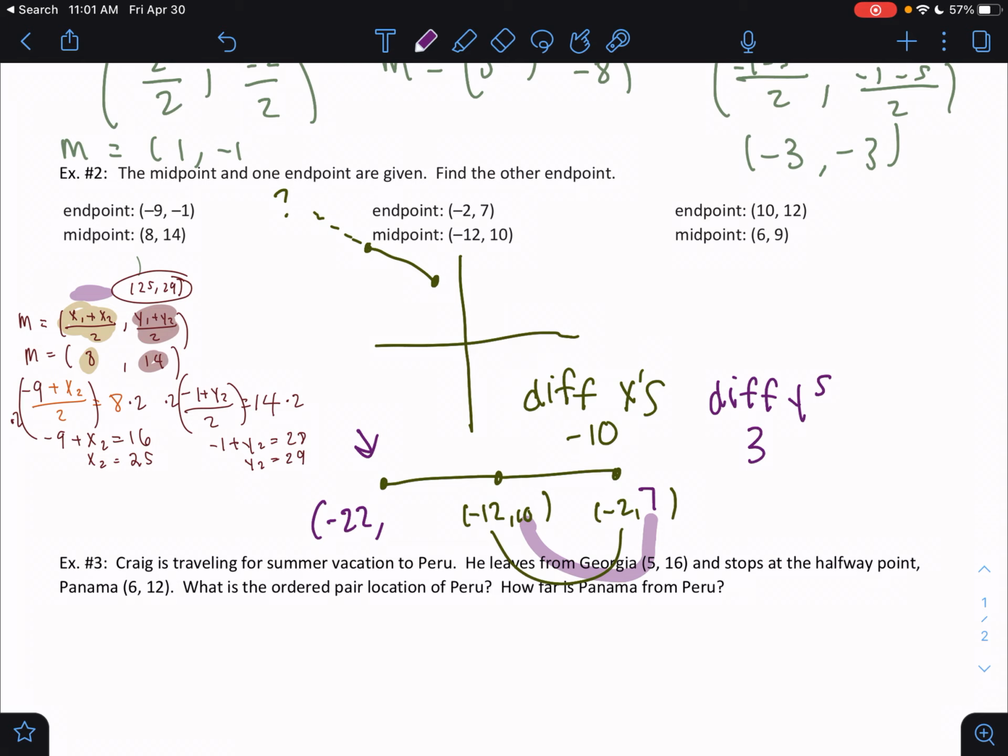Now what's the difference between the y's? To get from 10 to 7, we added 3. So now I'm going to subtract 3 from my 10. So 10 minus 3. Whoops, sorry.